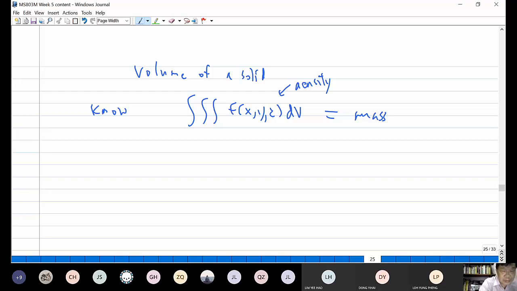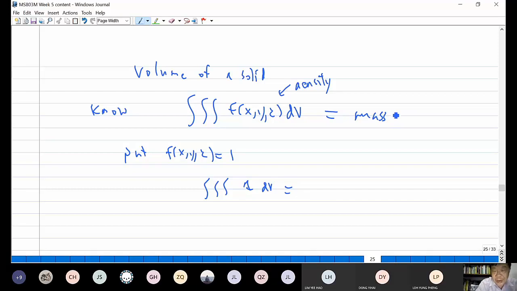How to find volume? Put f(x,y,z) equal to 1. Then integrate this one. 1 dV becomes what? Okay, density times volume, right?